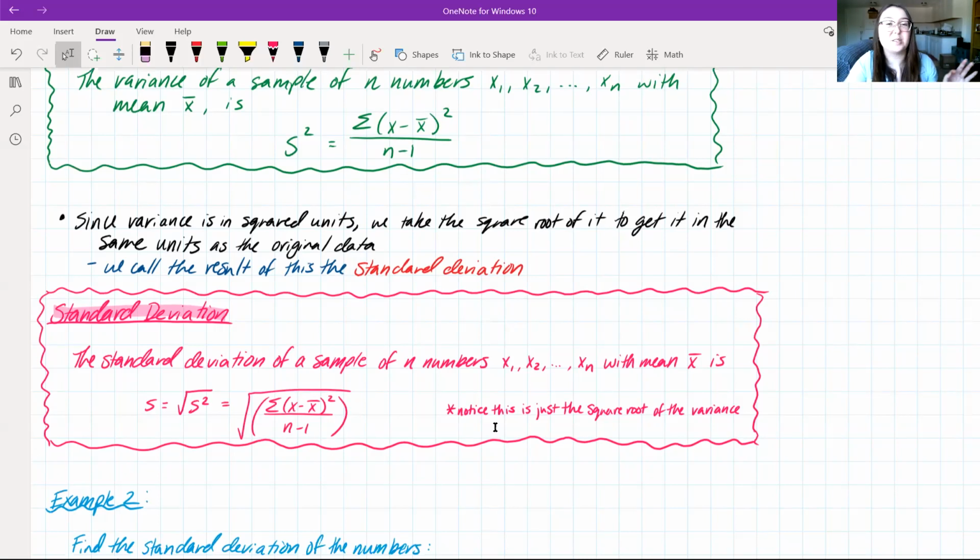Notice this is just the square root of the variance. So when you're working out problems, you're normally going to have to find the variance in the first place. Once you find the variance, you don't have to plug everything back into this equation. You just need to take the square root of that value.